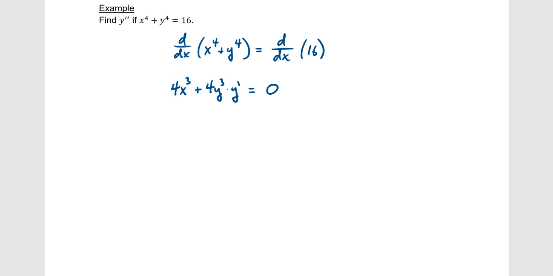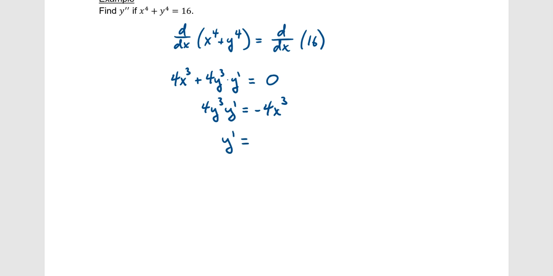Now, solving this for y prime, all we have to do is subtract 4x cubed to the right, and then divide both sides by 4y cubed. Notice that the 4's cancel. We're left with negative x cubed over y cubed. The 4's cancel, we still have the negative, so there's y prime.